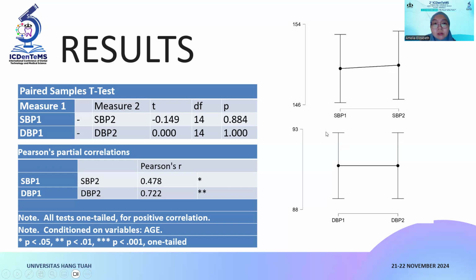That's why the result is that using lidocaine and adrenaline at 1:200,000 concentration will not increase systolic and diastolic blood pressure for patients with hypertensive stage 2. And also we found a correlation in systolic and diastolic blood pressure before and after local anesthesia injection.